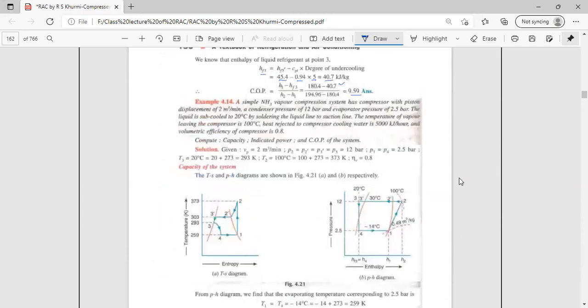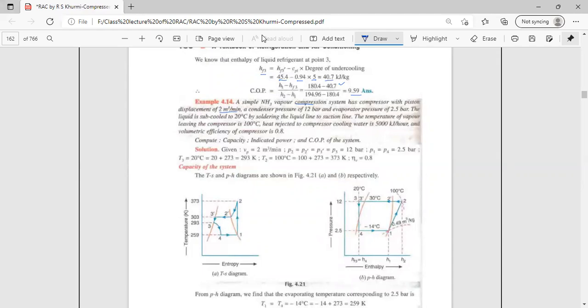Let us go through this problem, Example 14.4. This simple NH3 ammonia vapor compression refrigeration system has a compressor with piston displacement of 2 meter cube per minute, meaning the volume of refrigerant being compressed is 2 meter cube per minute itself.